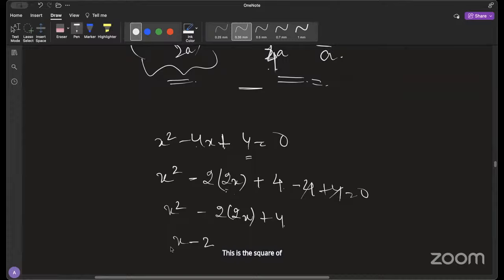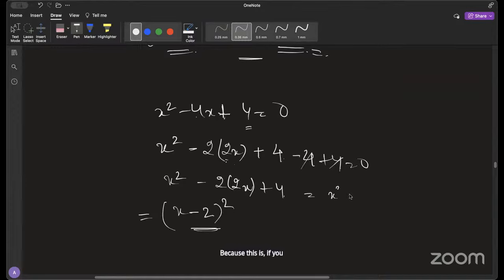So this is the square of x minus 2, right? Because if you compare it with this form, x square plus 2ab plus b square, or x square minus 2ab, with the minus sign, then your a is 2, so you'll get a 2 here.